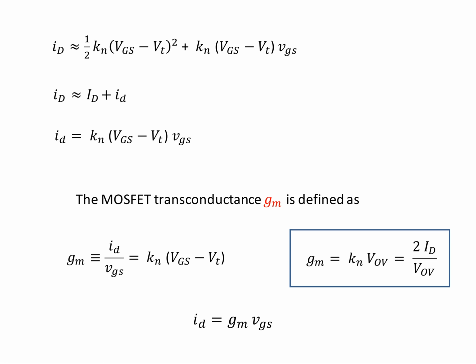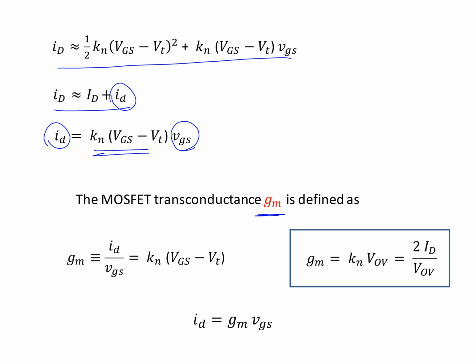So I had this iD equation before, neglecting the third term, and the goal is to write it as DC plus AC components. That tells me that the AC part of the drain current is related to the AC part of the input voltage, or applied AC signal, in a linear fashion. So id is a coefficient multiplied by vgs, and this coefficient has a name, it's called transconductance, or gm.